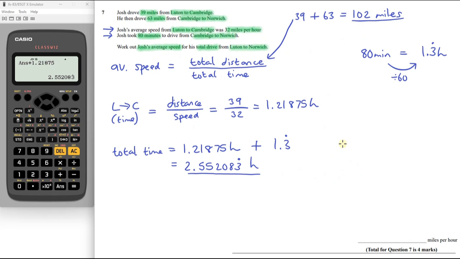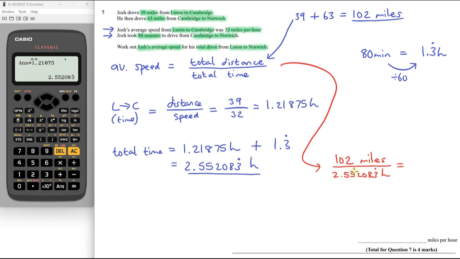We can put that into our formula here because we already know the total distance. So let's do this in red to make it clear. Let's bring this down here. Our total distance is 102 miles, divided by our total time, which is 2.552083 recurring hours. Bit long-winded, but I'm going to keep it like this for now.